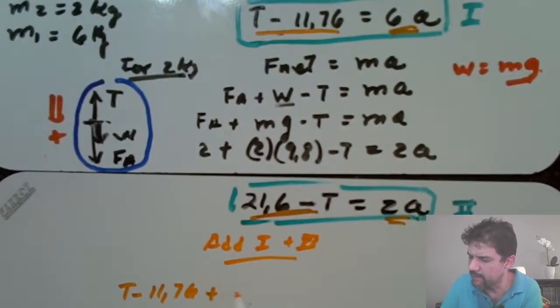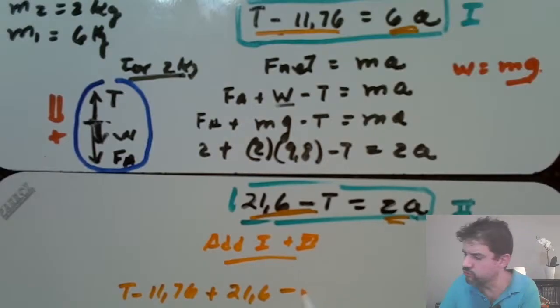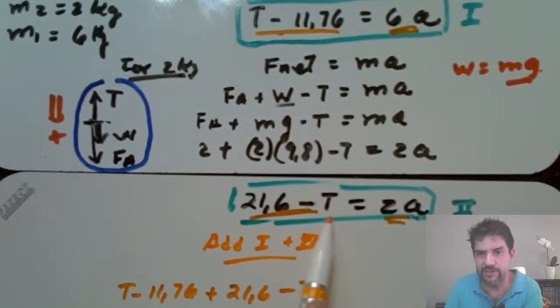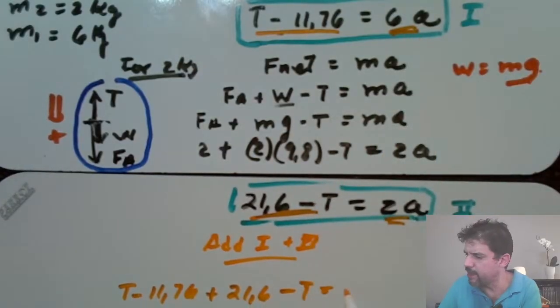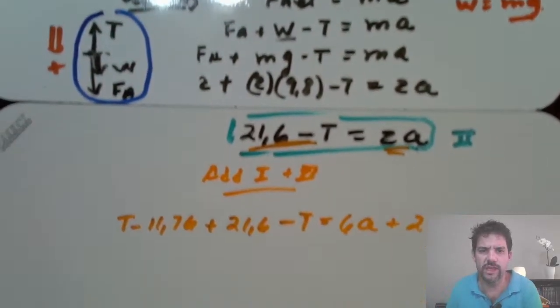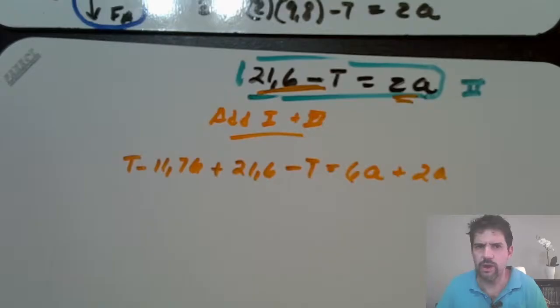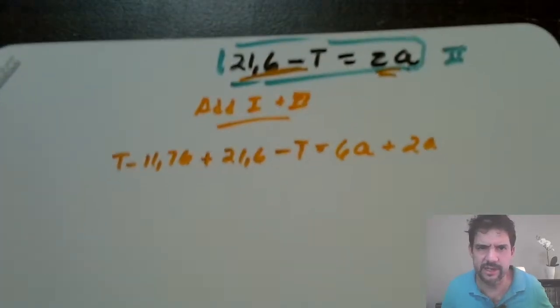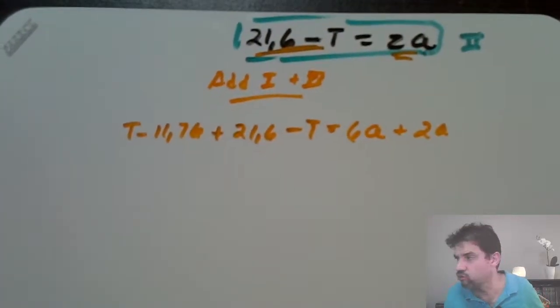And then I say plus 21.6 minus T, that is the left side of the second equation, and is equal to 6a plus 2a. I add everything on the right side. So that is where we are stopping here.